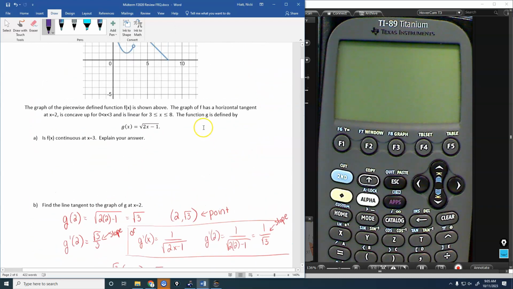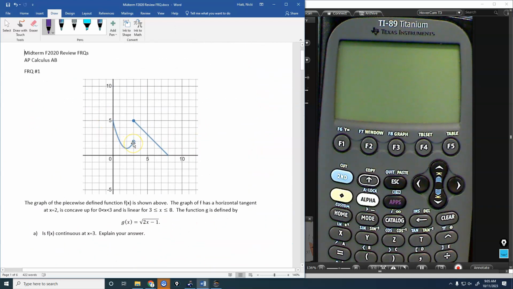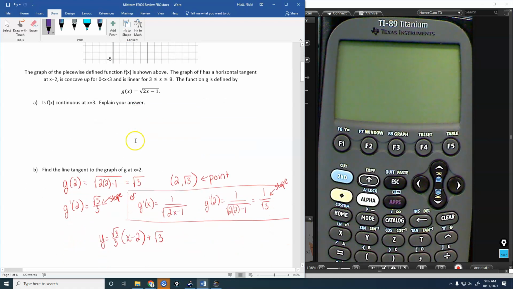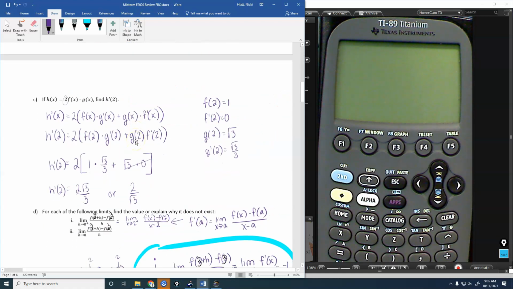And at 3, does our derivative exist? Why not? It's not vertical. What problem do you have? A jump in the graph. So f is not continuous, and if you're not continuous, you can't be differentiable.